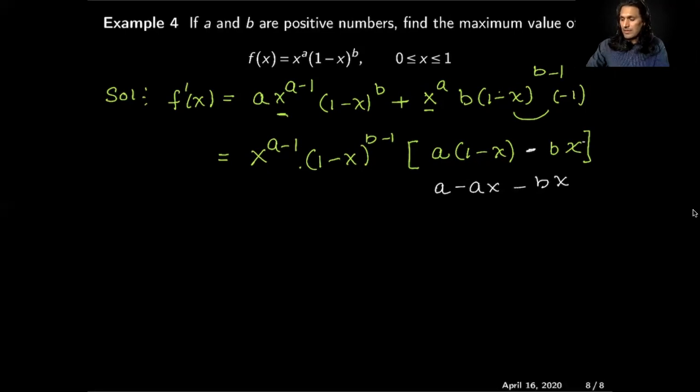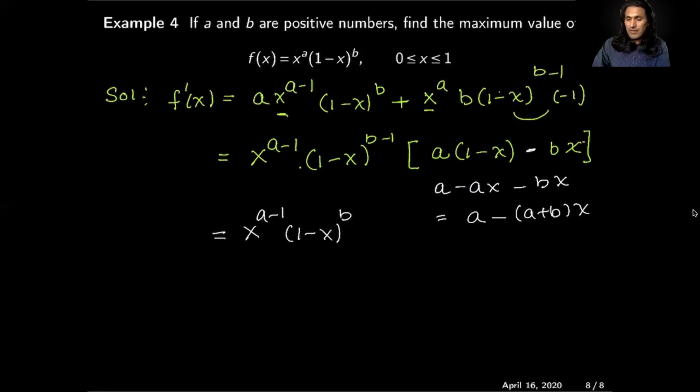And eventually this will be a, because I can pull out x. So this will be a plus b times x, and that will be inside of this. So the simplest form is x to the power a minus 1, 1 minus x to the power b minus 1, and the function inside is a minus a plus b x.